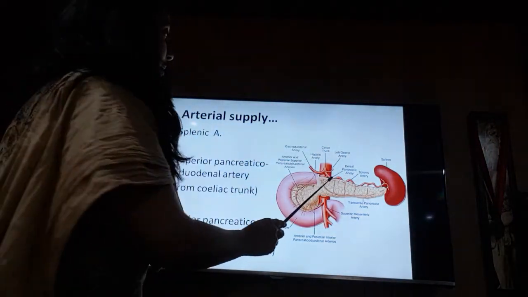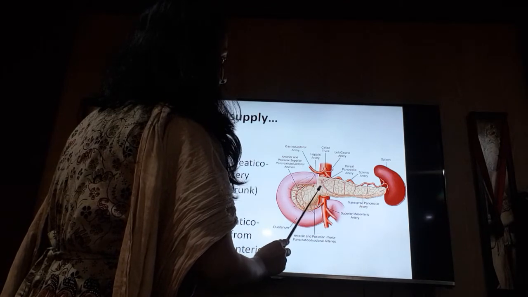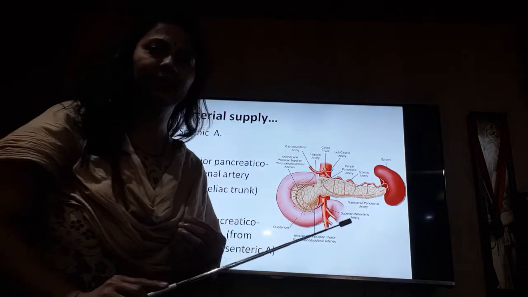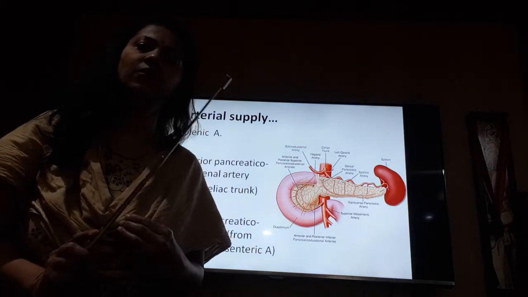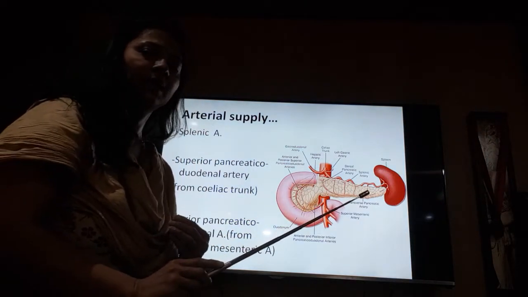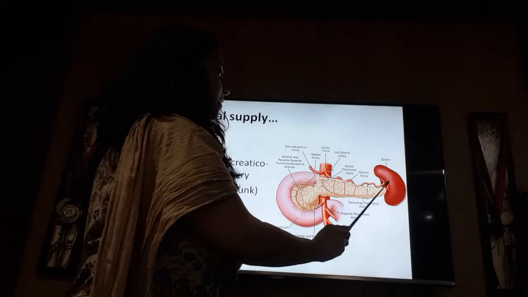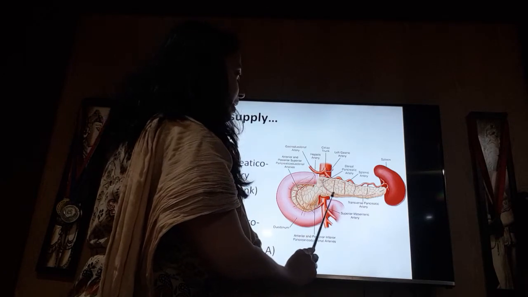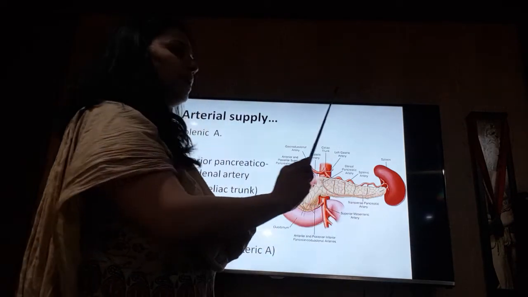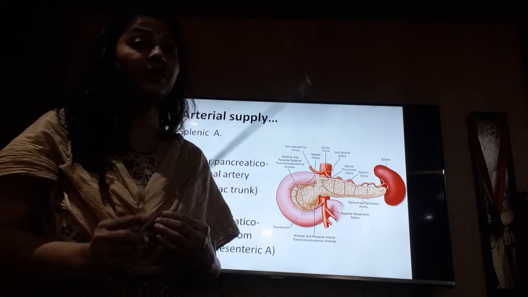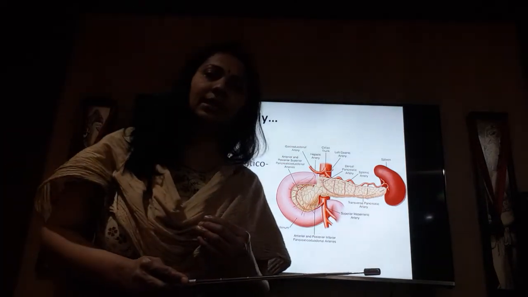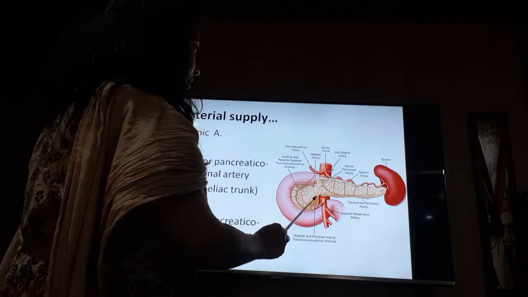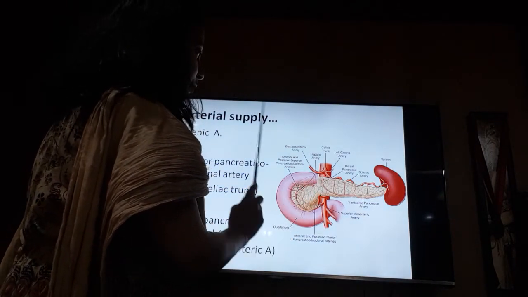So this portion, the body and tail of the pancreas, represents the foregut, because they are supplied by the splenic artery, which is giving out so many pancreatic arteries, and pancreatica magna also. All these are the branches of the splenic artery, which itself was a branch of the celiac trunk. So we are left now with the neck, head and uncinate process.